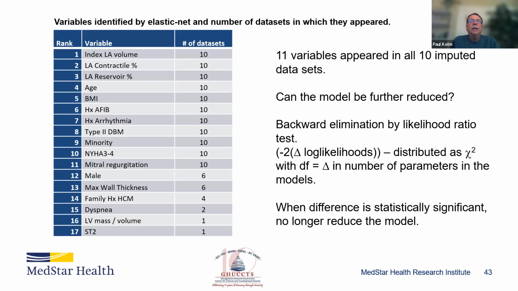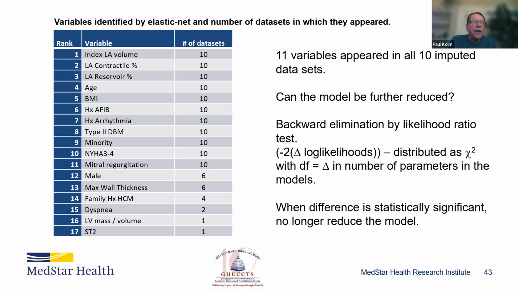Now, what I want to focus on is the variables and the importance from the elastic net analysis. Out of the 10 data sets that we had, I listed all of the variables that showed up in any one of the 10 data sets. We came up with 17 out of the 46 that showed up at least once. But for our model, we're going to take those that appeared in all 10 of the data sets.